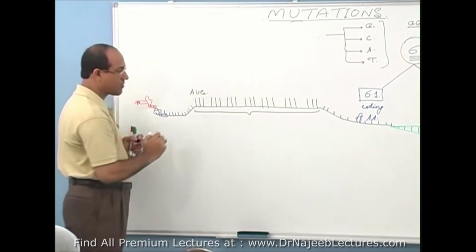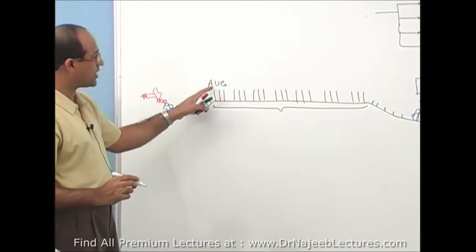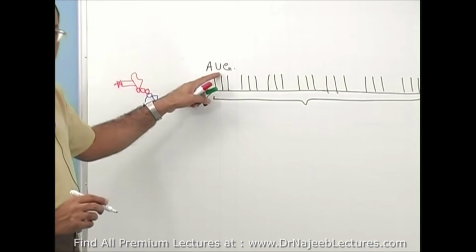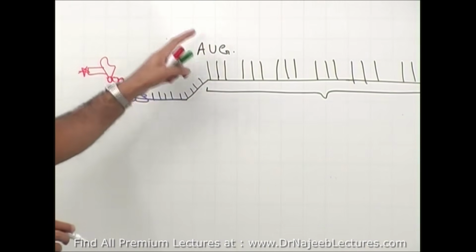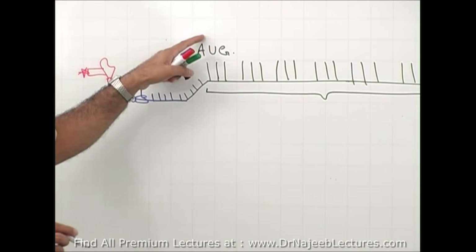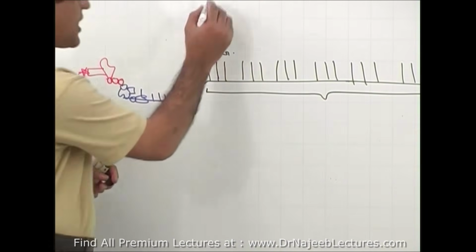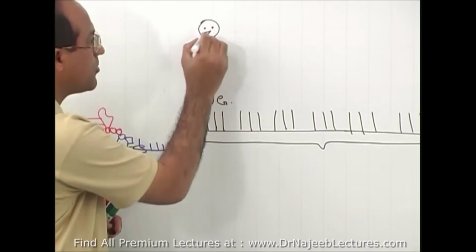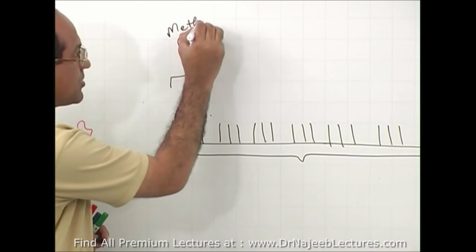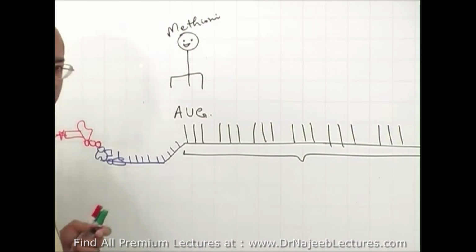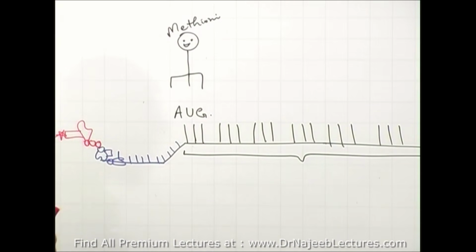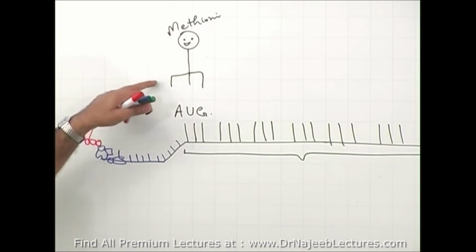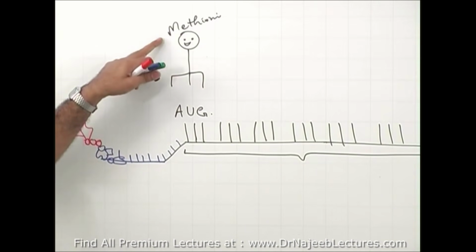When AUG appears in the sequence, this is the point from where the ribosome will start translating, and opposite to AUG, the transfer RNA will bring methionine. And in case of bacteria, they will bring formyl methionine. And in case of eukaryotes, this transfer RNA will be carrying methionine.